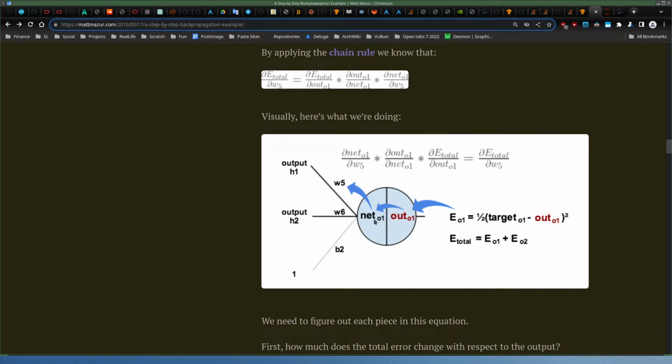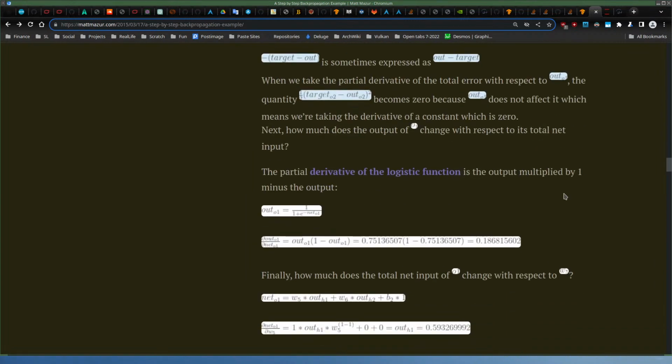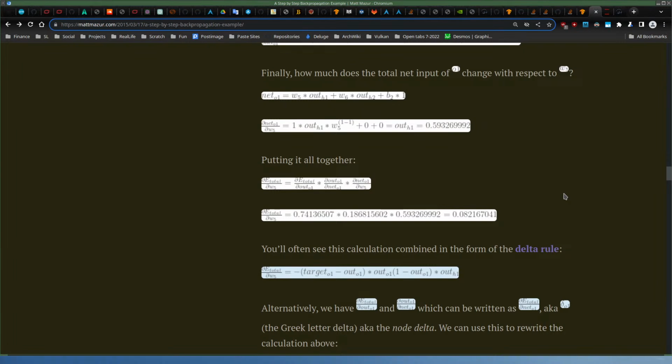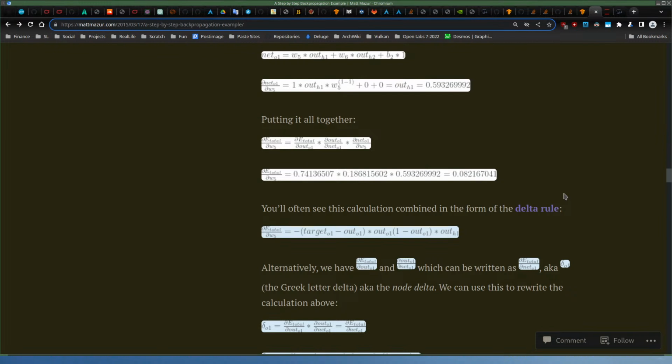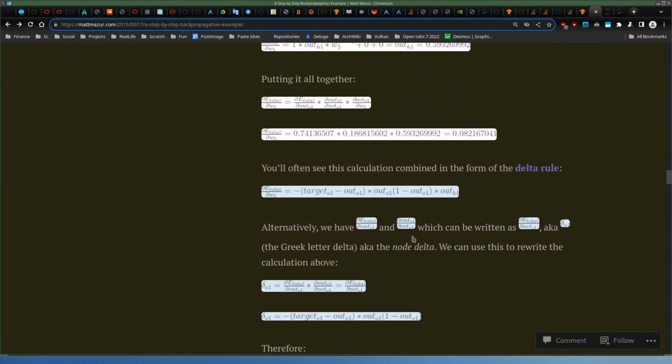I also have letters for that, but different ones. Yeah, this is just the first part of the chain rule that I just used.